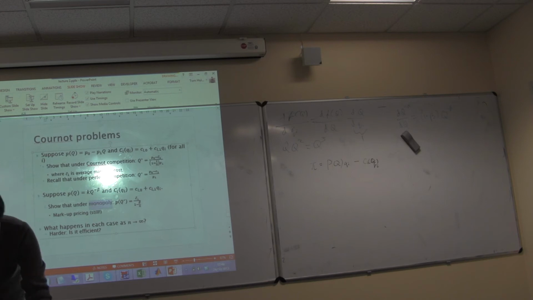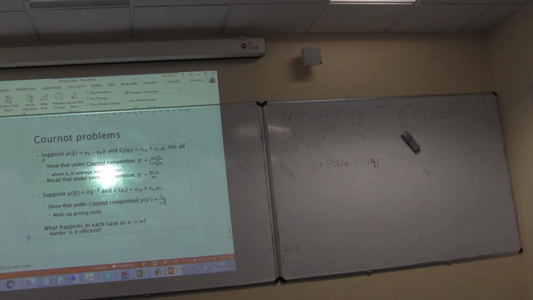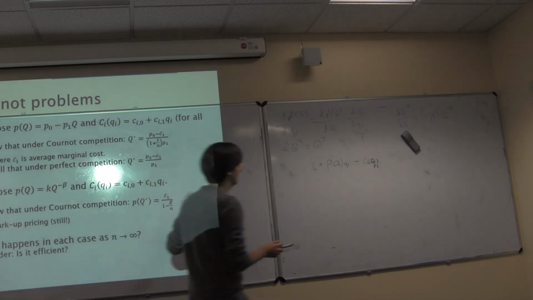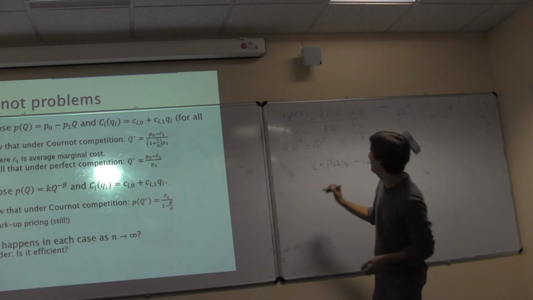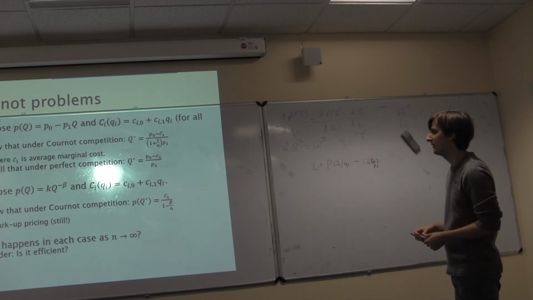You still end up following that method. You still end up with C1 over 1 minus beta, which is exactly the same because the average marginal cost in a monopoly is the marginal cost of the monopolist, and beta over 1 is beta. Yeah, it made sense, but it wasn't what I meant. I must have been having a bad day when I got to writing these problems down. Sorry about that.